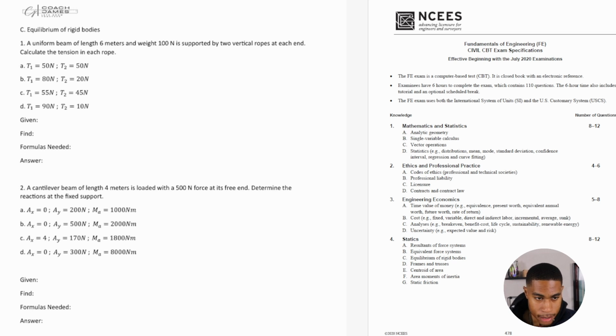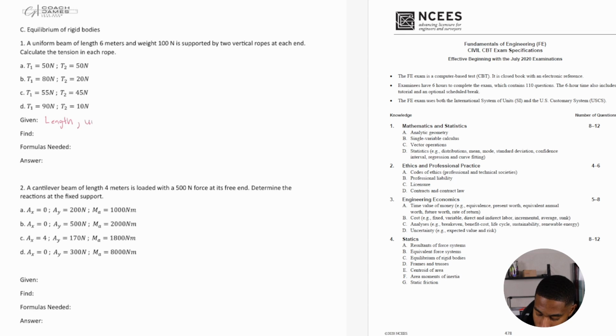Number one says a uniform beam of length 6 meters and weight 100 newtons is supported by 2 vertical ropes at each end. Calculate the tension in each rope. Okay, so what information do they give us? We have the length of the beam.